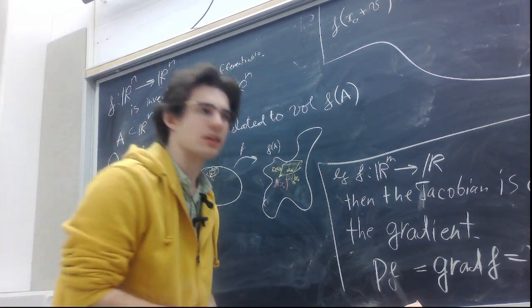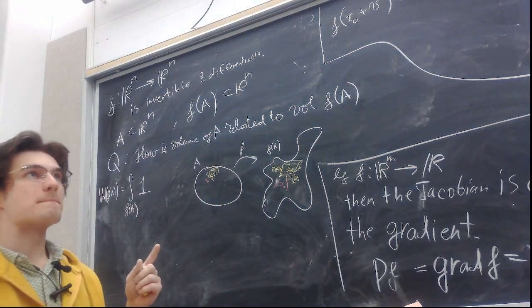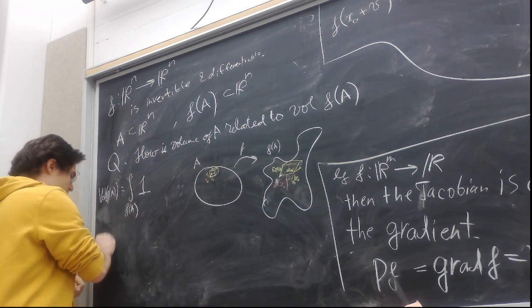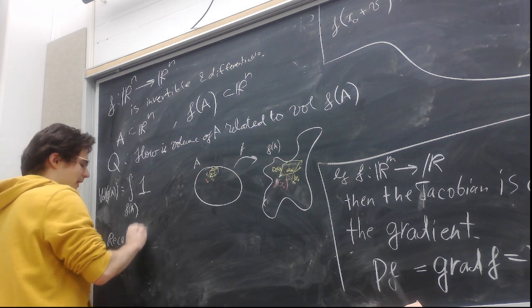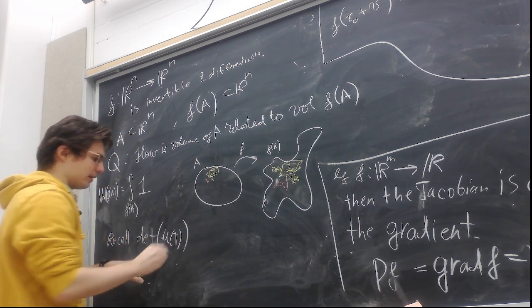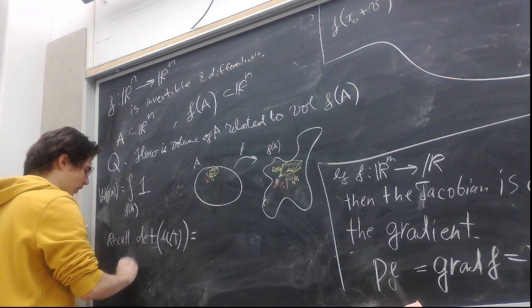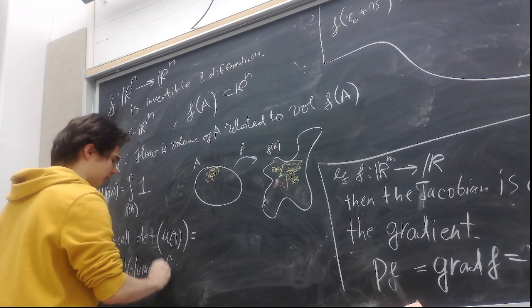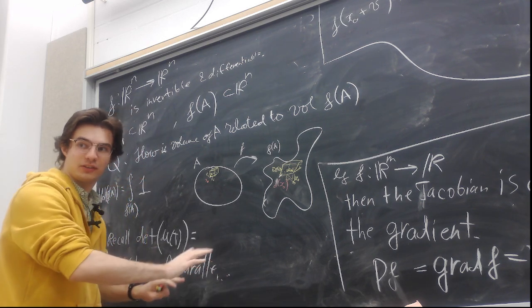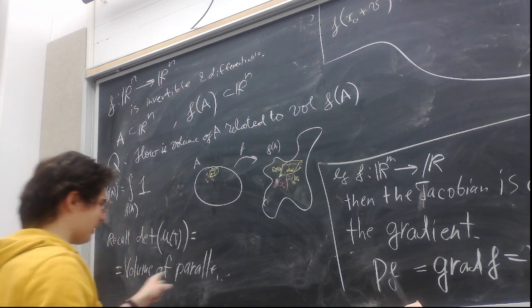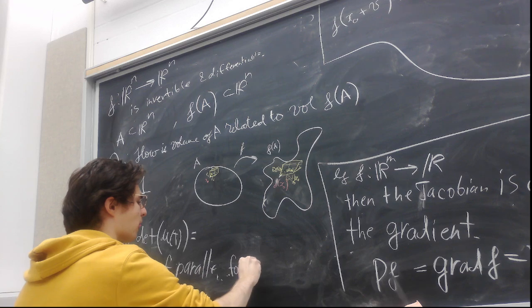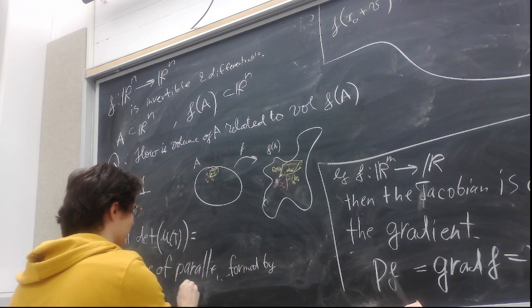So, recall the determinant of a matrix M, this was the volume of the parallelepiped formed by column vectors.